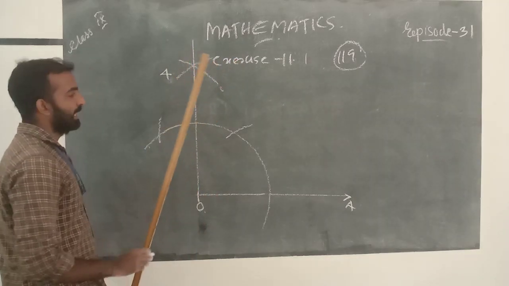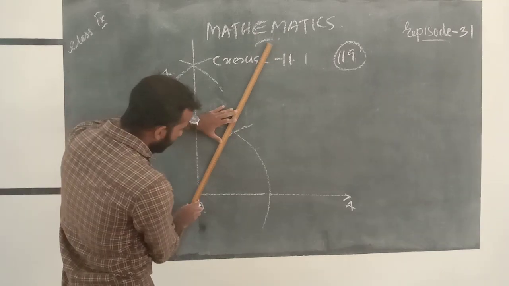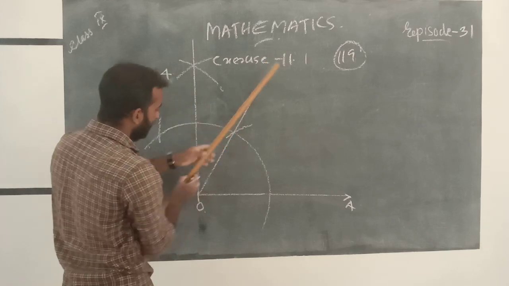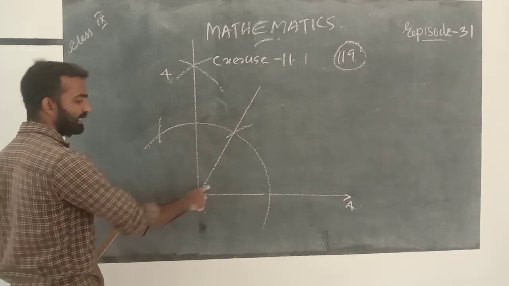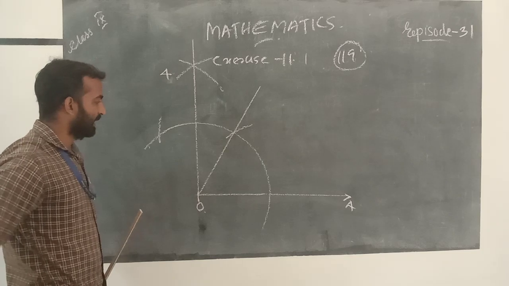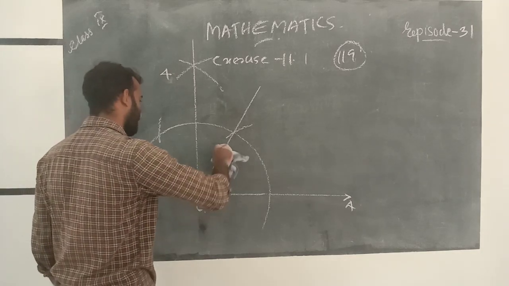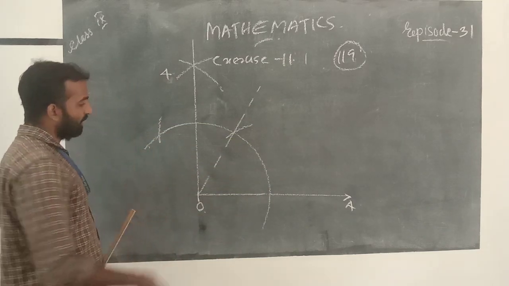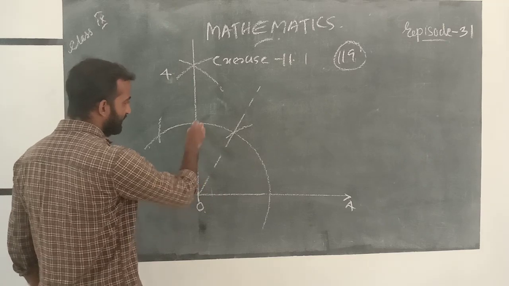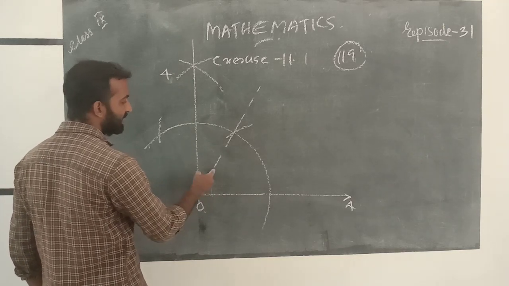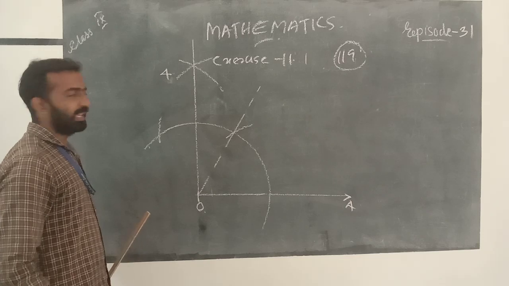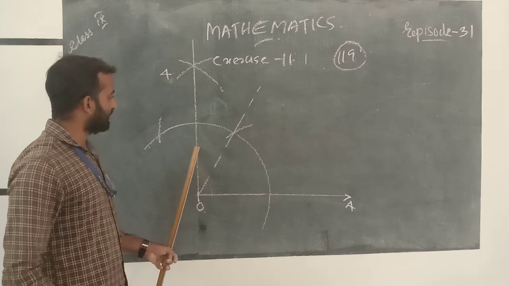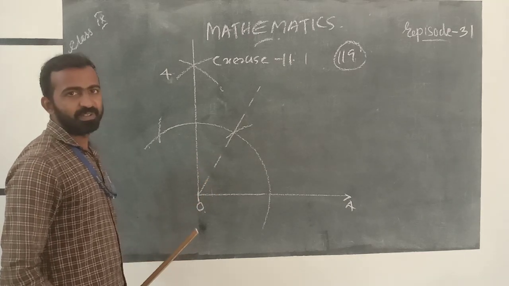This is 90 degrees, and we already know that this is 60 degrees. So this is 60 and this is 90, which means this is 30 degrees. Half of 30 degrees is 15, and 90 minus 15 gives 75.